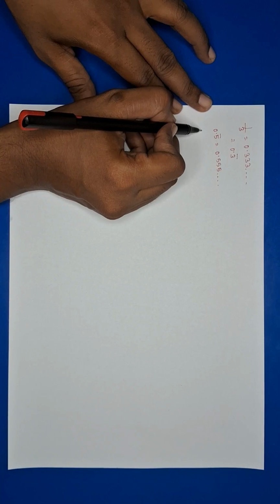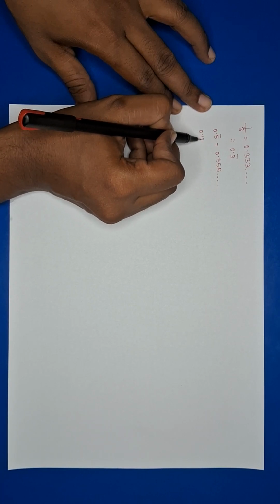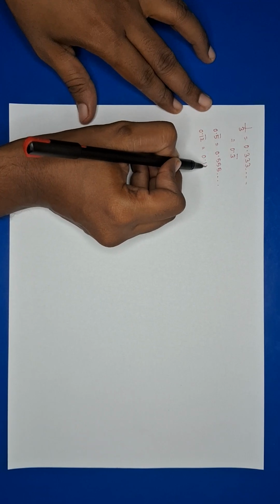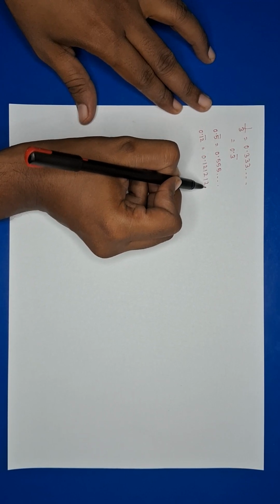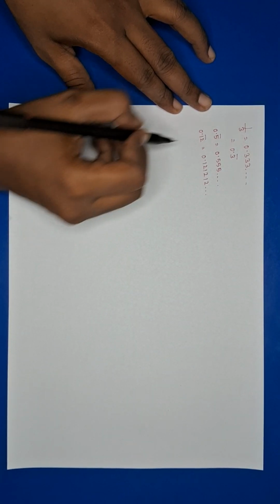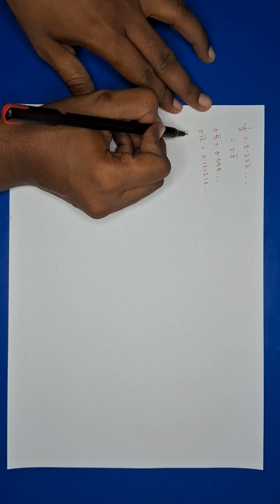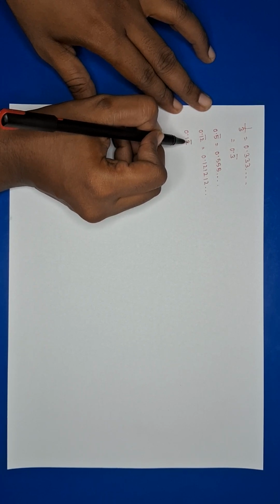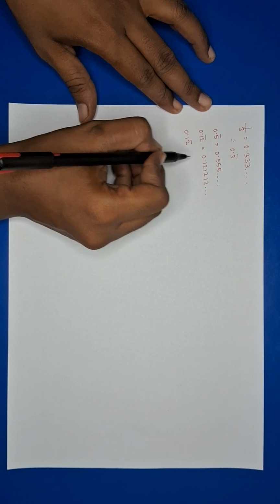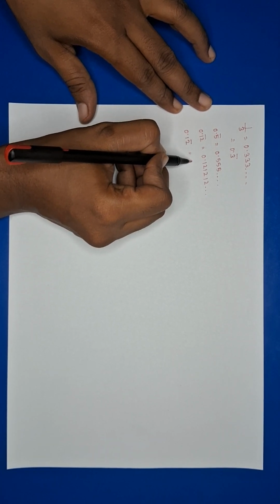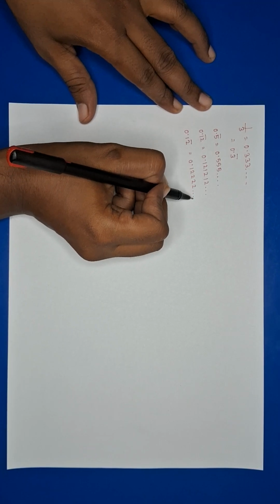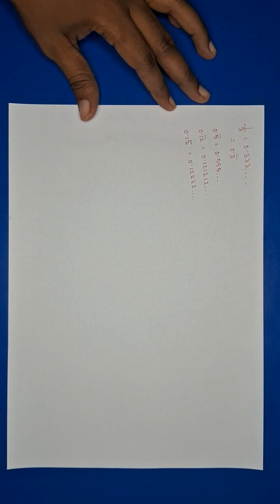What if someone says 0.12 bar? That means it is equal to 0.121212 and continuously so on. What if someone says 0.12 and the bar is only above the 2? Then it is 0.1222 dot dot dot.